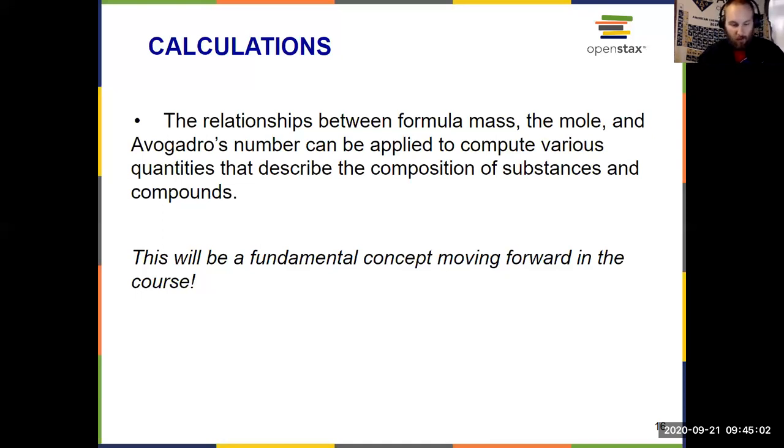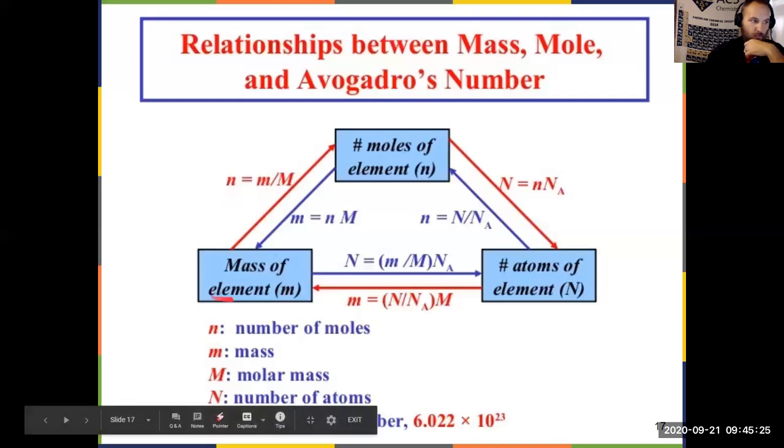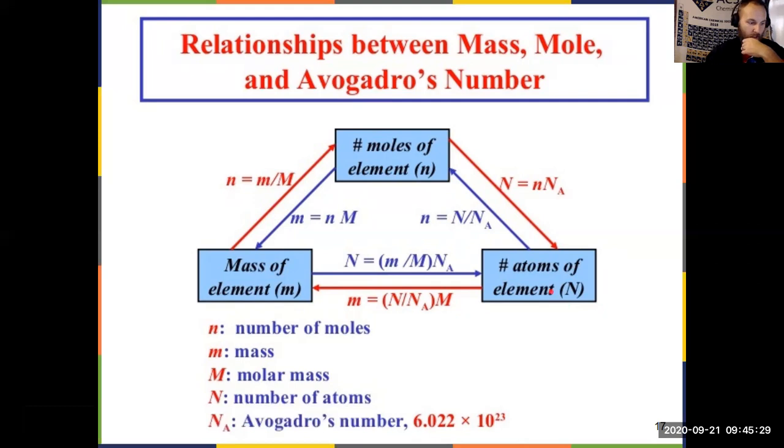Okay, so we've got mass, chemical composition, and moles. If we know 2 of them, we could typically calculate the third. And they're related in this triangle, which I pulled from outside of your textbook. Okay, some people like this slide, some people don't, right? It shows you how to do all the different calculations to relate the mass of an element, the number of moles of an element, and the number of atoms of an element.